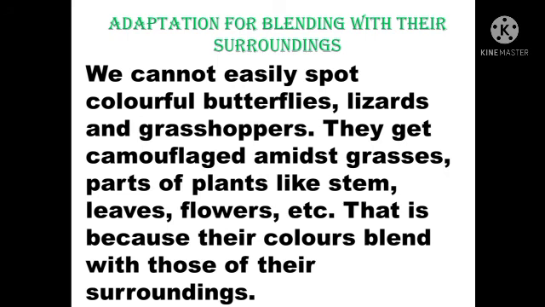So, insects like butterflies, reptiles like lizards, and insects like grasshoppers, some of the animals have the property of camouflage, that it mixes with its surroundings. It changes its color to protect or to hide themselves from their predators.